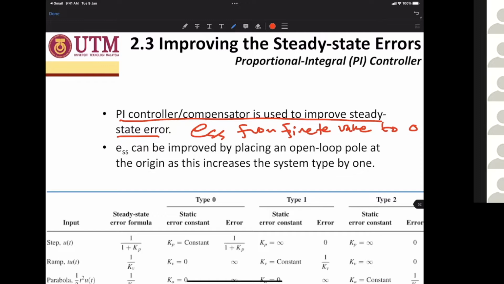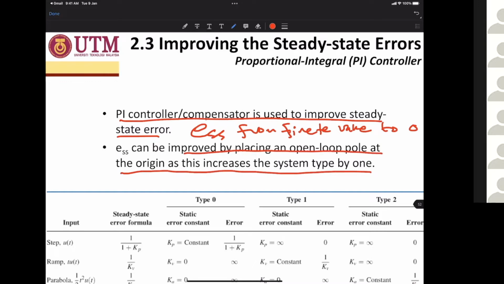So kita panggil dia as finite value. We suppress the finite value so that it becomes 0. This is done by placing an open loop pole at the origin and then increasing the system type by 1.